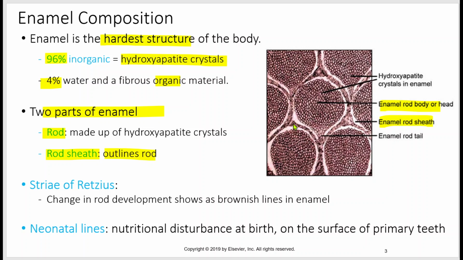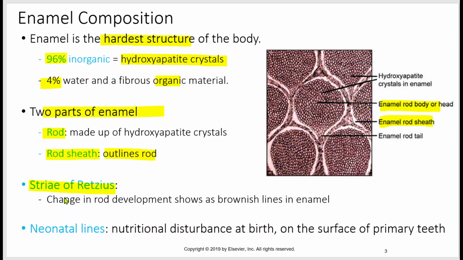As the enamel rods are being made, as they are developing, almost every 4 days there will be some kind of a different direction and delay of the enamel rods. That difference would make a phenomenon that we see in the enamel under the microscope, which is the striae of Retzius.